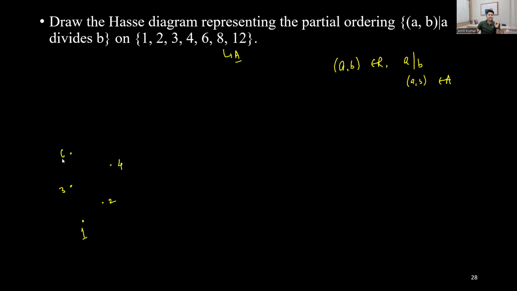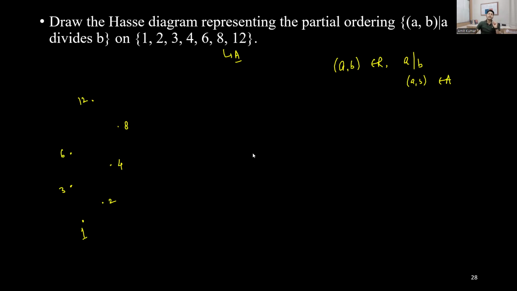Somewhere here, let us say 6. Then 8. Then somewhere 12. I just put them so that the smaller is on the lower side and the larger is on the upper side. If they are not numbers, we can put them randomly anywhere, just taking care of the relation. If A is related to B, then A should be lower than B.